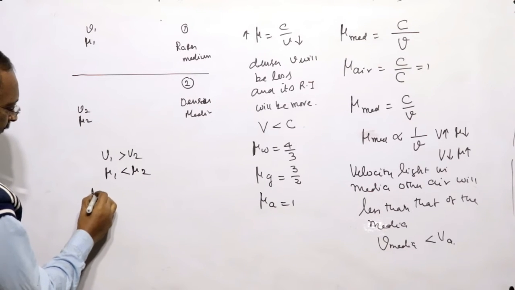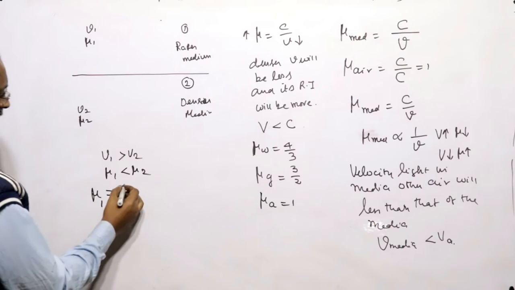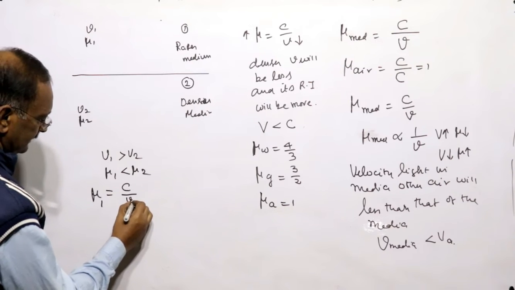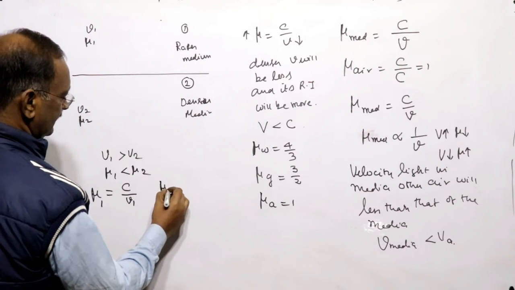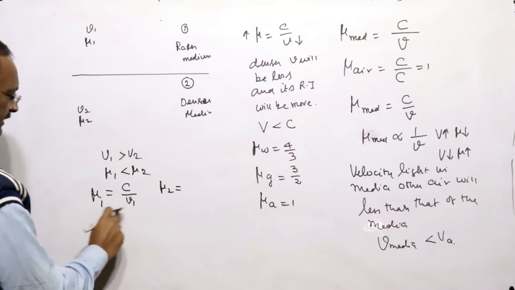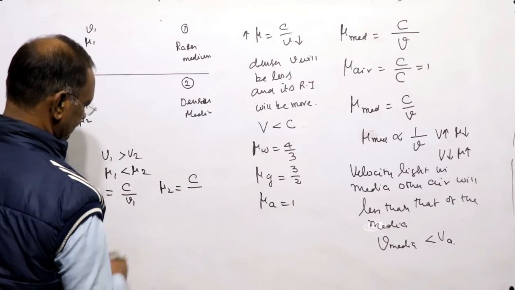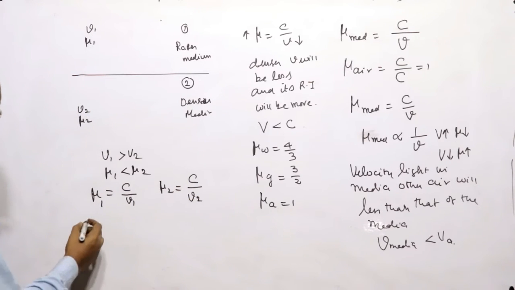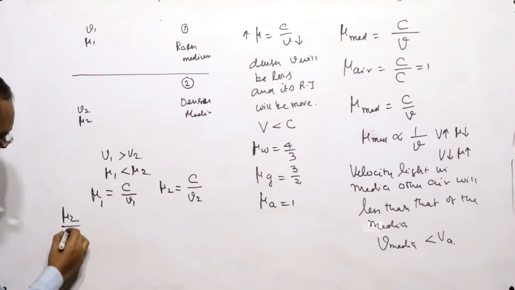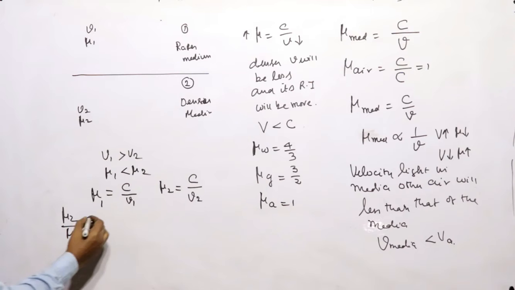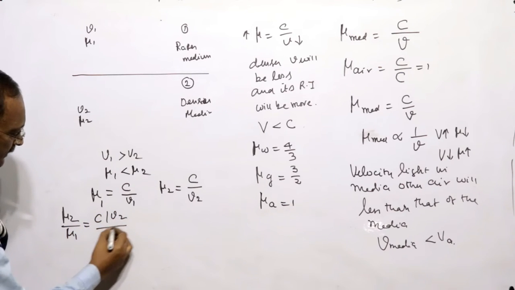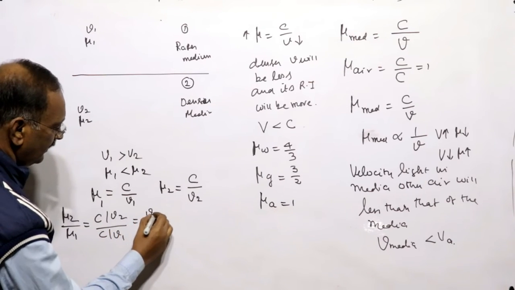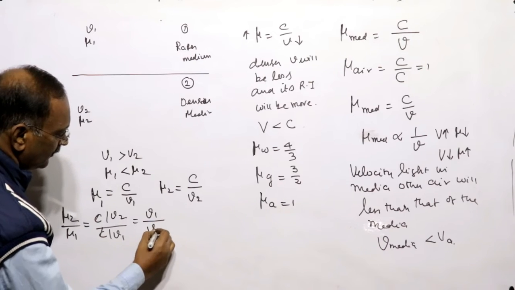The refractive index of each medium is the velocity of light in free space divided by the velocity of light in that medium. If you take mu2 by mu1, mu2 by mu1 is equal to (C by V2) by (C by V1), where C is the velocity of light in free space. This and this cancel, so it is equal to V1 by V2.